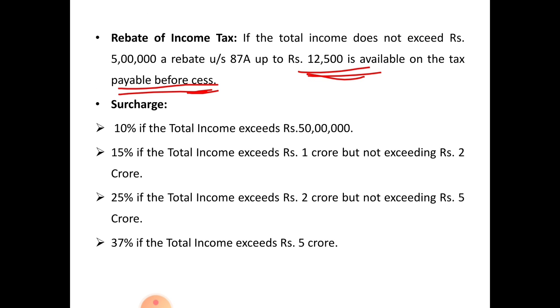This is applicable only on total income below 5 lakhs rupees. That is rebate on income tax, 12,500. Remember this amount. This has changed this year. In the previous year, the rebate amount was different. You already studied in the last year. In this year, that has changed to 12,500. So, note down this point.